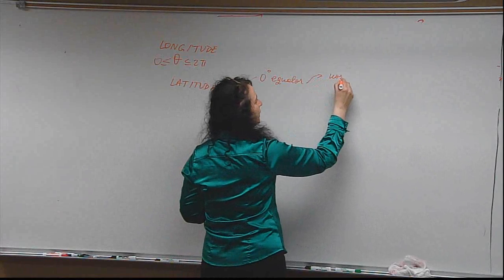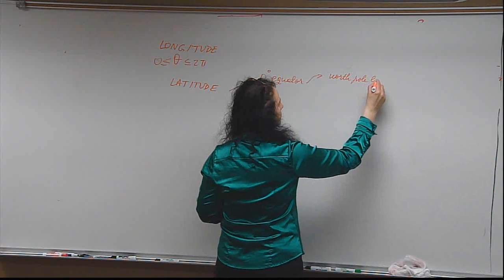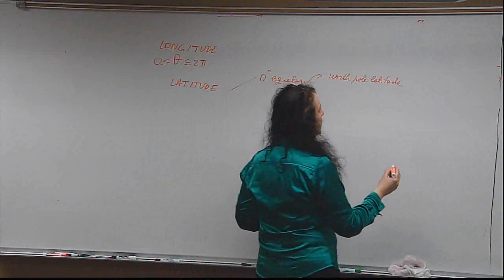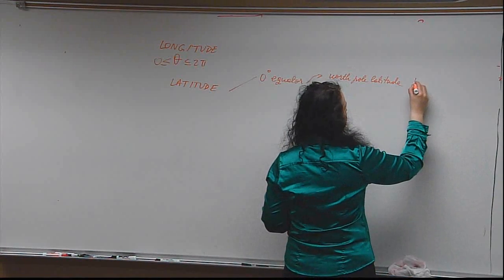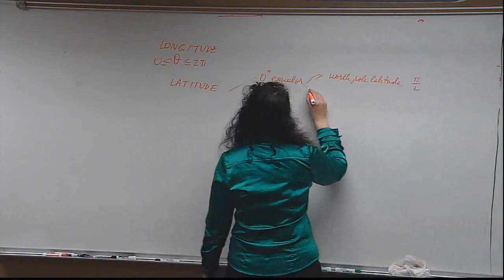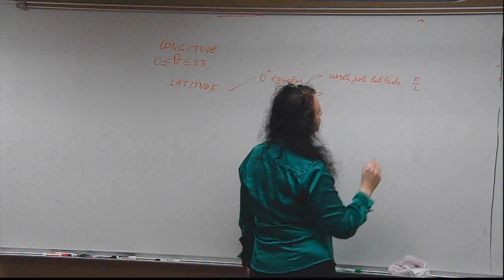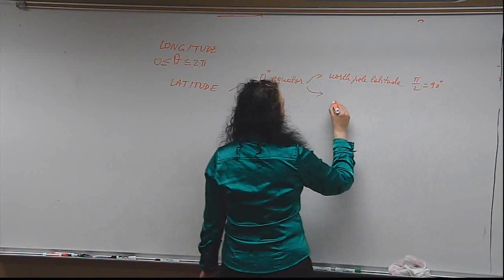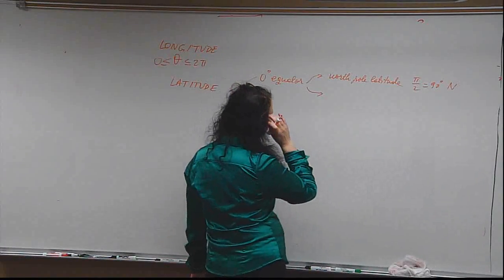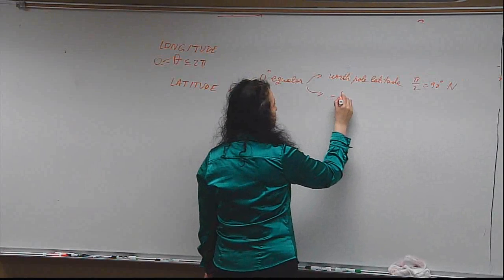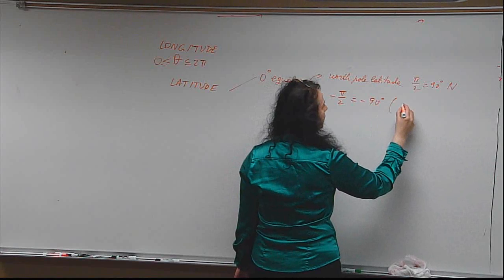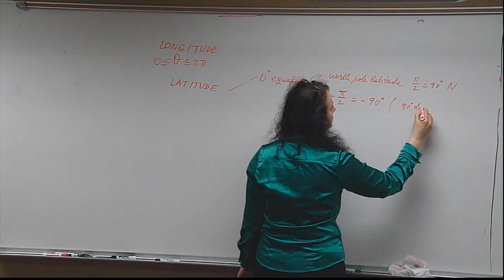At the North Pole, what is your latitude? 90 degrees. In math we say pi over 2. Now we say 90 degrees north in geography. For a mathematician, it's not like that. Mathematicians are crazy people. They go minus pi over 2, which is minus 90. The geography guy says 90 degrees south.